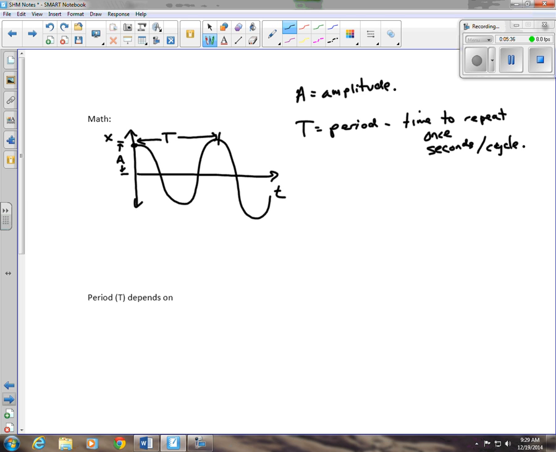From here to here is one cycle, so the time for that is seconds per one cycle. Frequency is how quickly it repeats, so it is the cycles per second. Period is seconds per cycle and frequency is cycles per second, so the period and the frequency are reciprocals of one another.